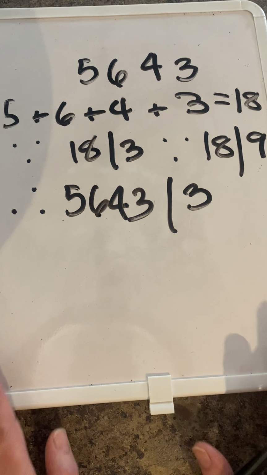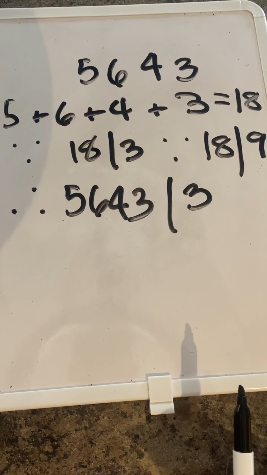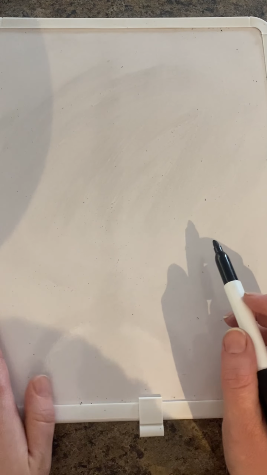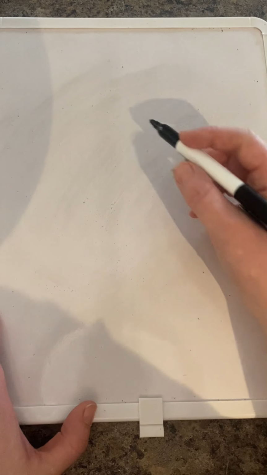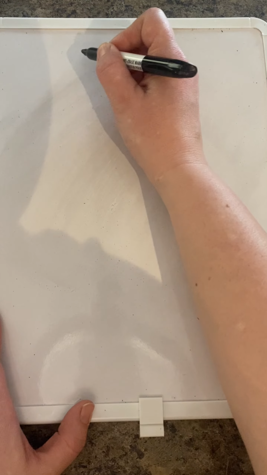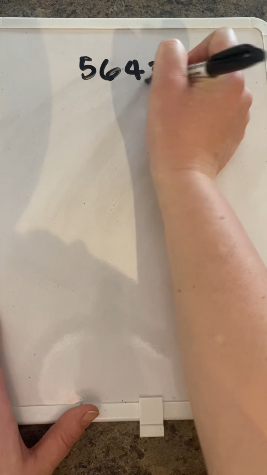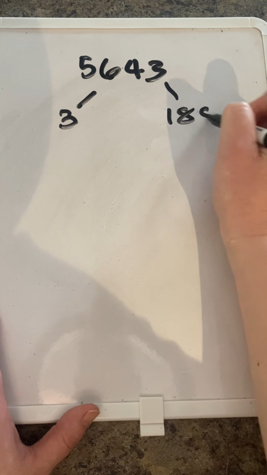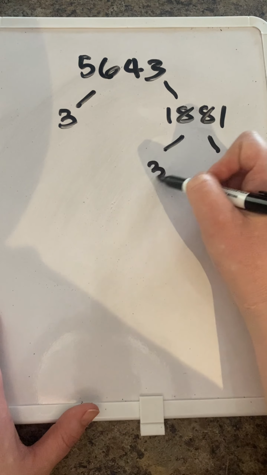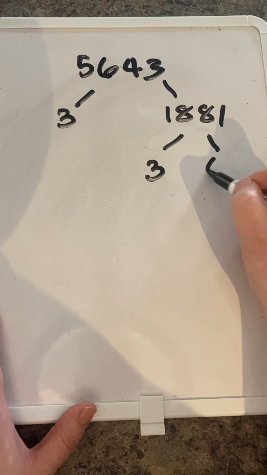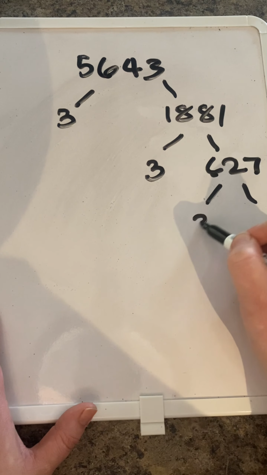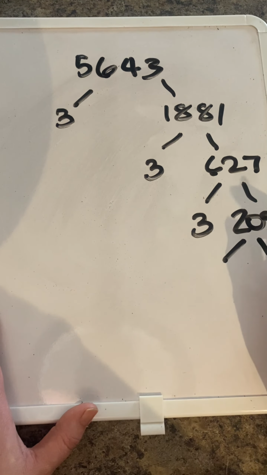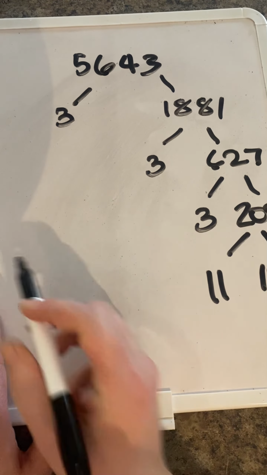So I will divide step by step, continuing until everything that is left is prime. So I'm going to factor it step by step. 5,643 divided by 3 is 1881, and 1881 divided by 3 is 627, and 627 divided by 3 is 209, and then 209 is 11 and 19.